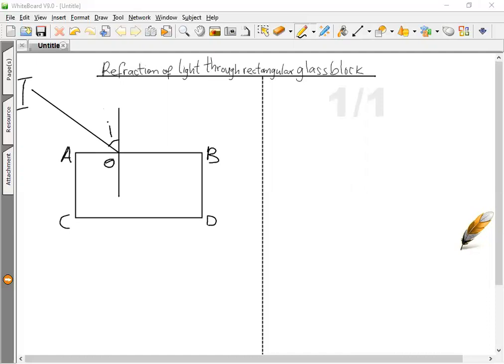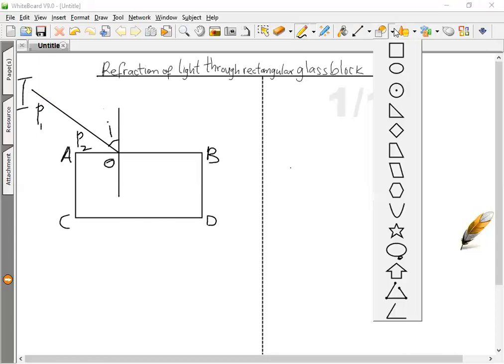Now, the next thing is this. The question expects you to place two pins on your incidence ray. One will be at this point, the other one at the point here. So you'll be given two pins, one here, one here. Let's call those pins P1 and P2. Let me draw a small shape.